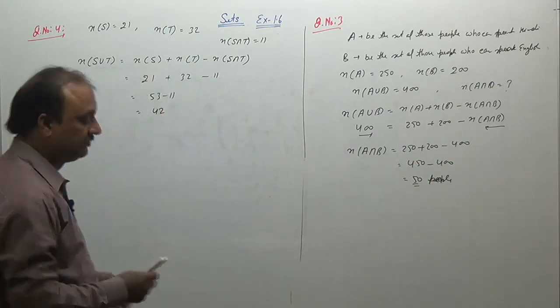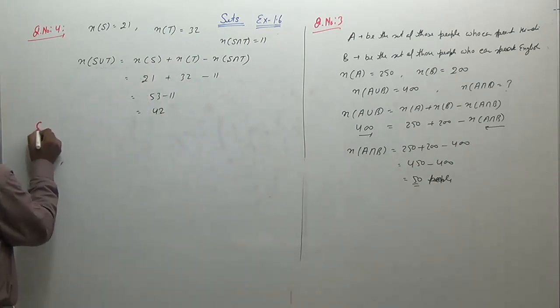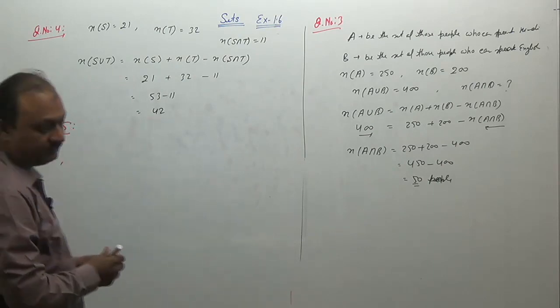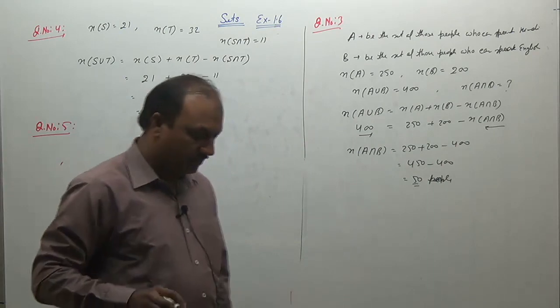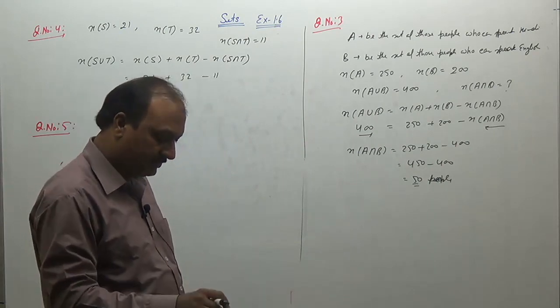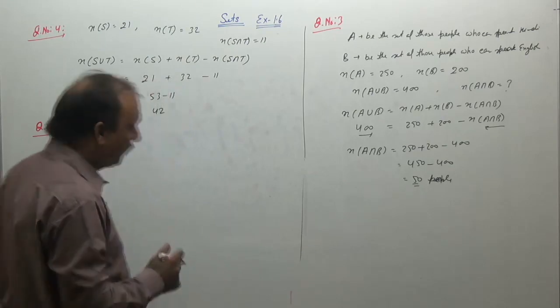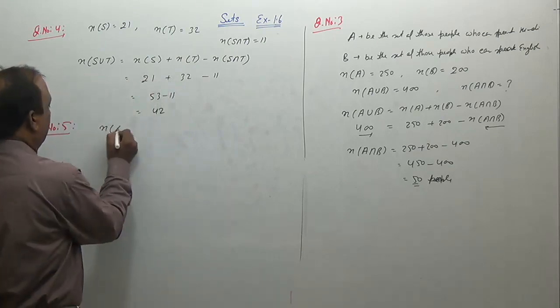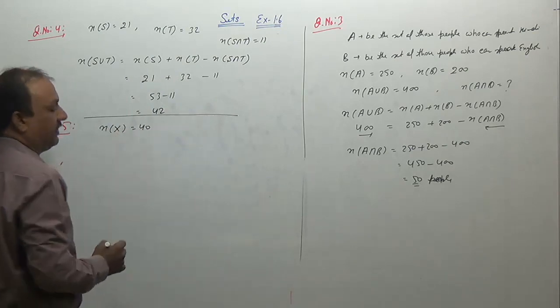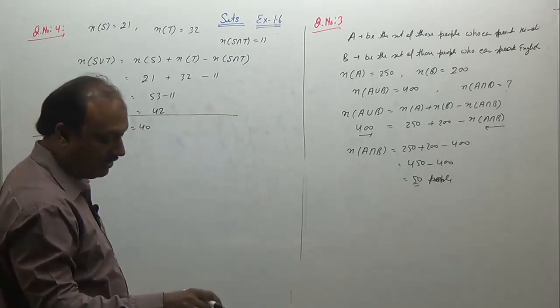Now, question number 5. Question 5 is, X and Y are two sets such that X has 40 elements. The number of elements of set X is 40.